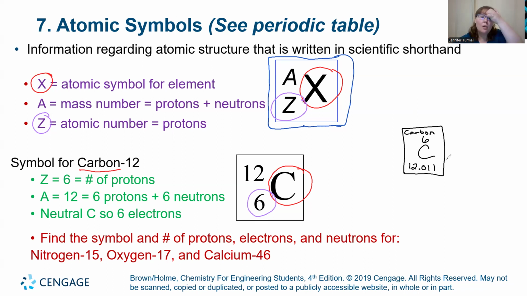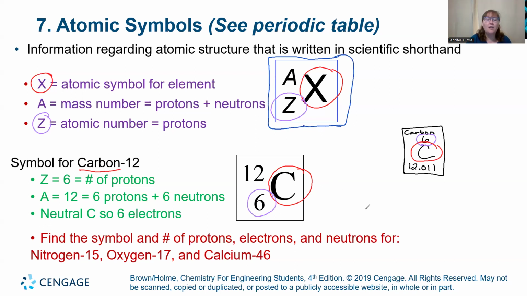Now that we're looking at this, this 6 right here is your Z value, and this C right here is your symbol, your X. And this 12, though, this can change.